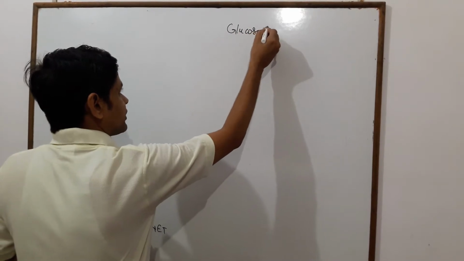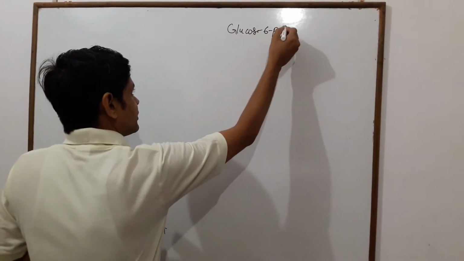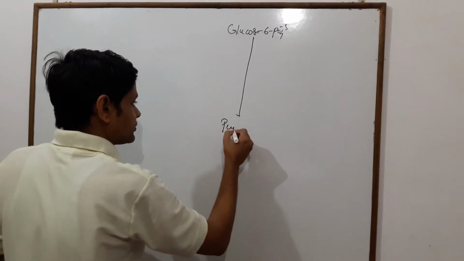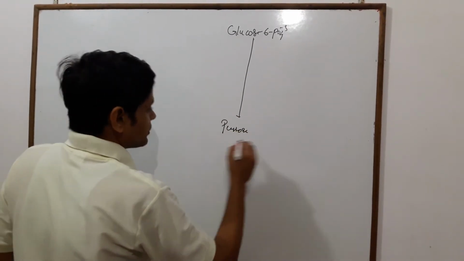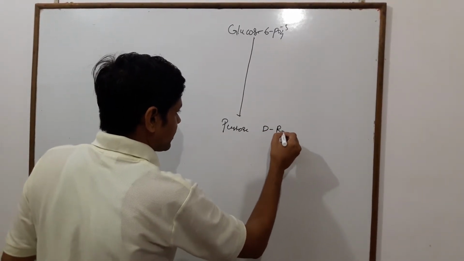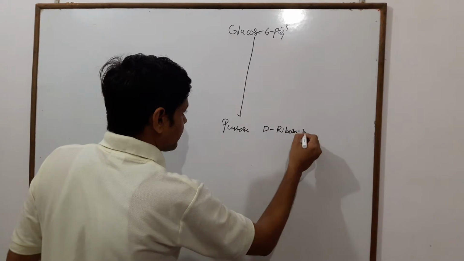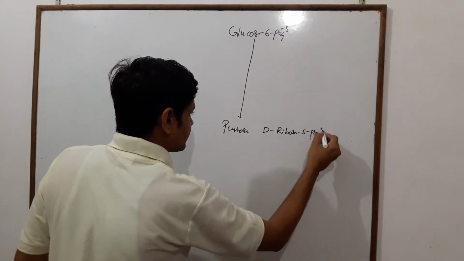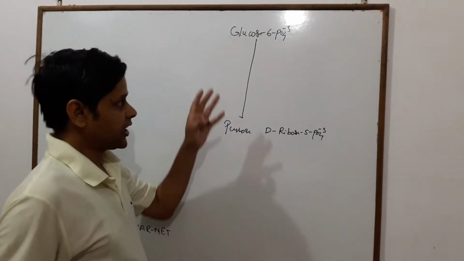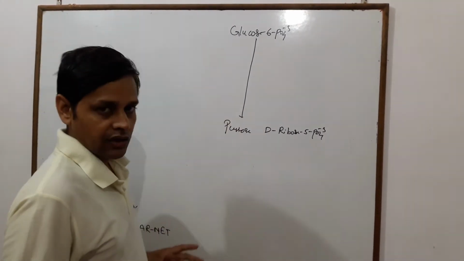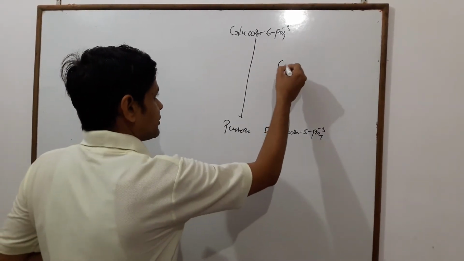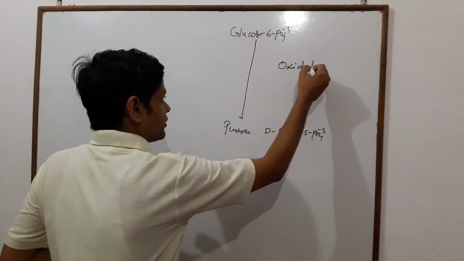Glucose 6-phosphate is converted into the D form of ribose 5-phosphate. What is happening in this scheme? This scheme lies under the oxidative phase, as we discussed in the previous video.